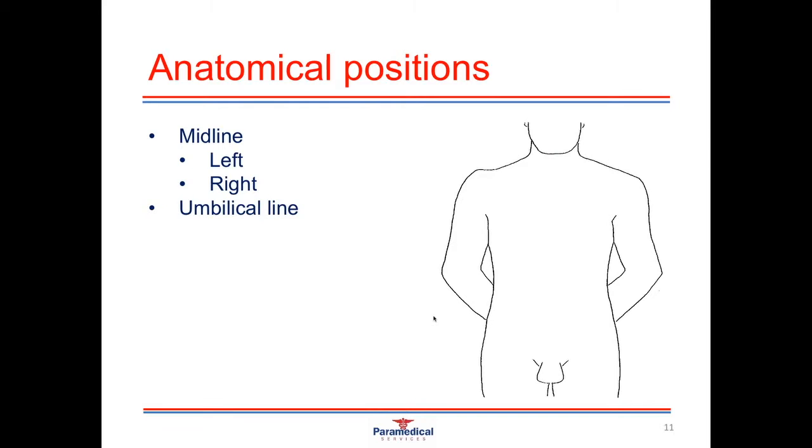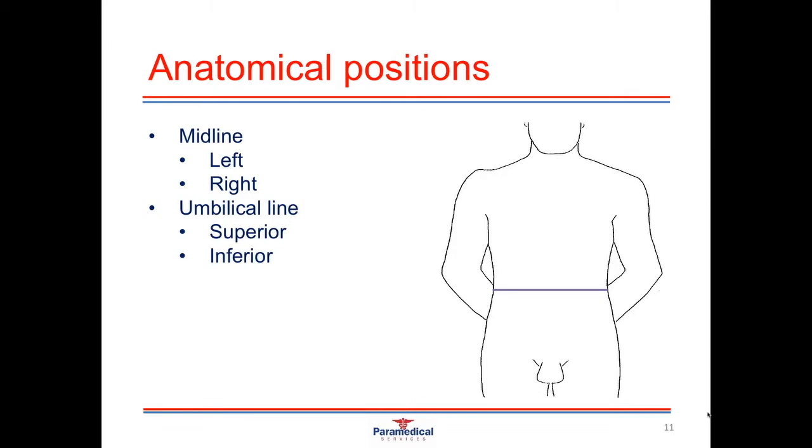The umbilical line is the line that divides the body right through the center, right through the umbilicus or the belly button, and it divides the body into the top and the bottom portions. And the medical terms for that are superior and inferior. We use the words superior and inferior to describe anything above or below a point that we are talking about.